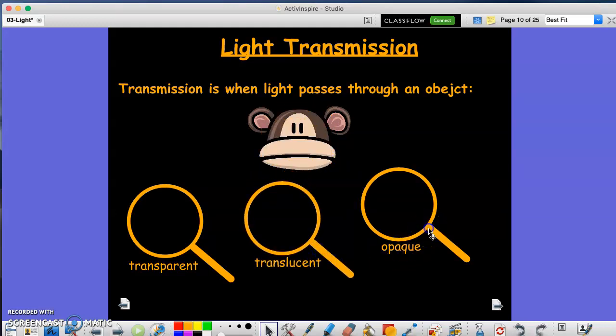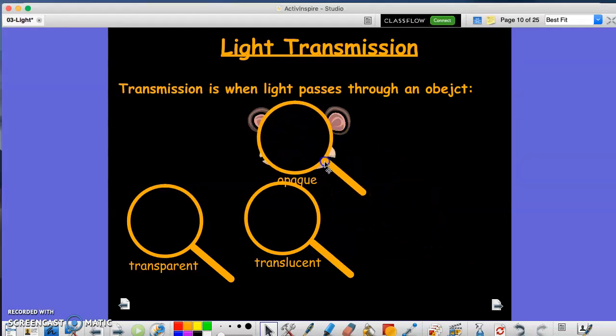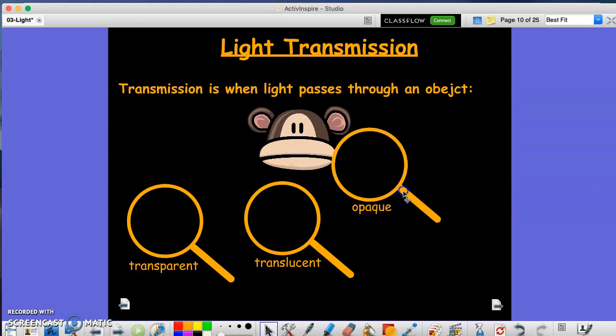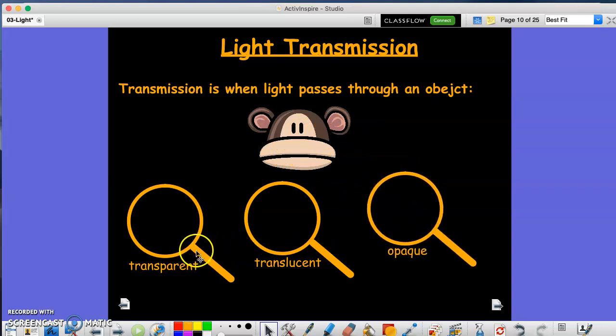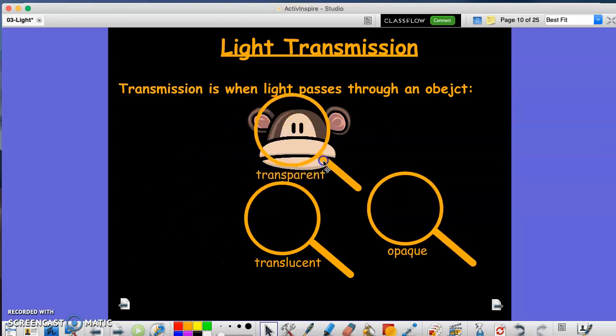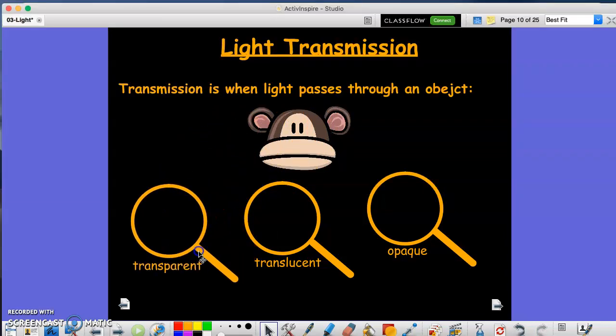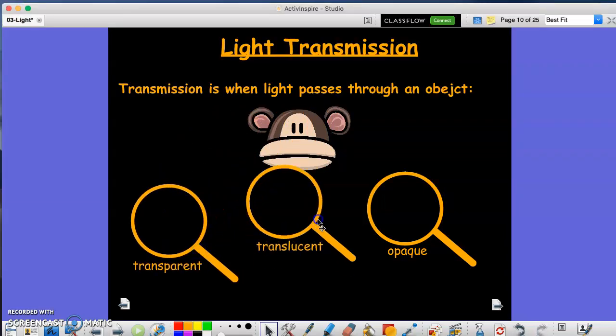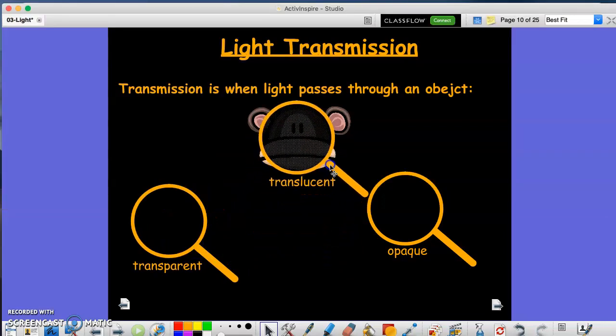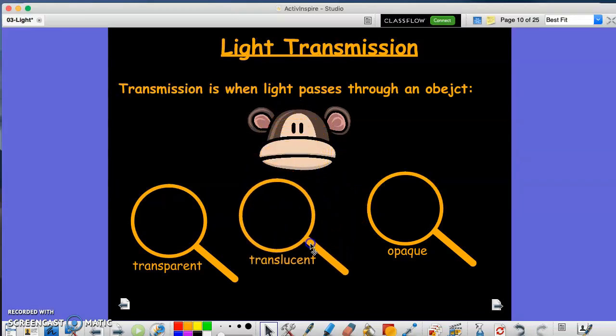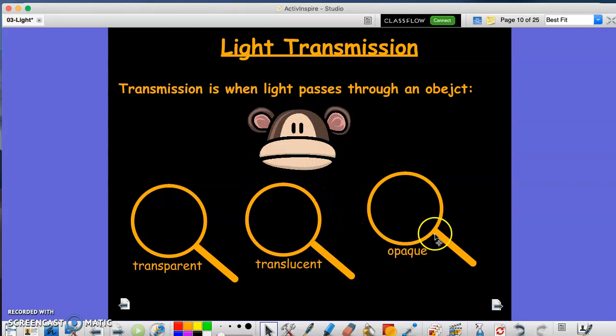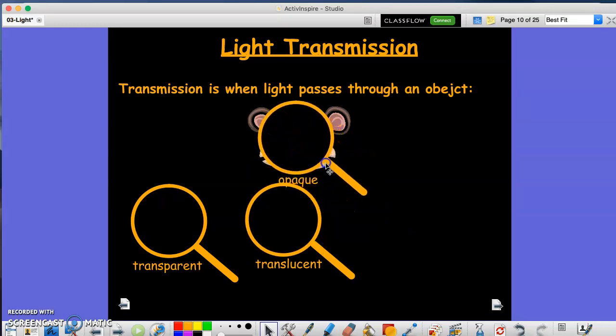And opaque is no light passes through. So remember, transparent, all the light passes through and you're able to see the object. Translucent, some of the light passes through. And opaque, none of the light passes through.